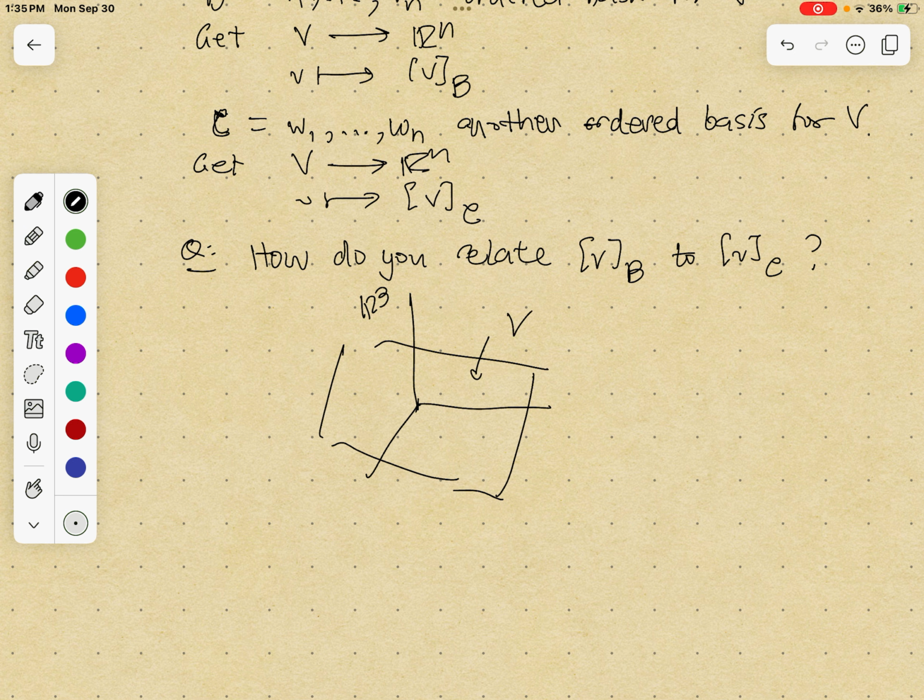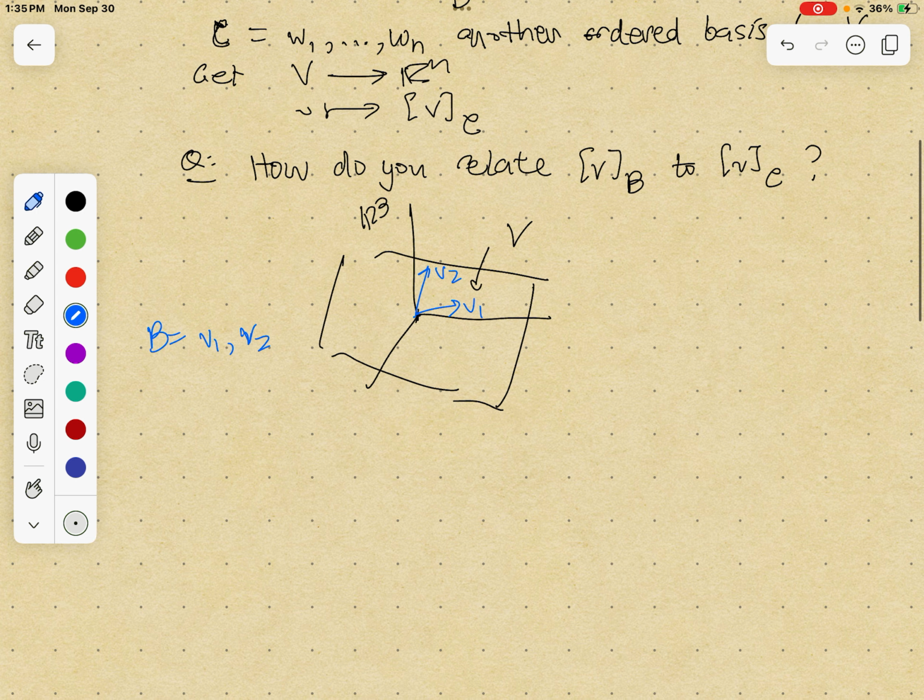And let's say that I have some basis V1, V2, and that's my B. So B is the ordered basis V1, V2. Then that gives me a linear transformation from V to R2. It's actually an isomorphism from V to R2.